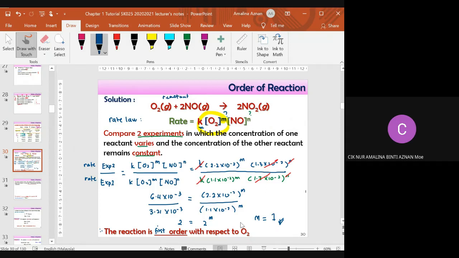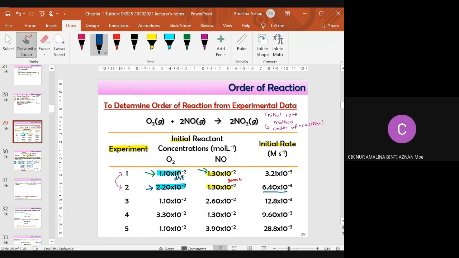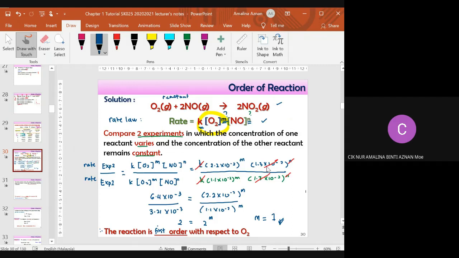So, let's recap. Kamu kena tulis equation and then tulis rate law and then solve for the unknown. Okay, unknown untuk cari order of reaction with respect to each species, each reactant. And then mesti compare dua set of experiment. Okay, tak kisahlah mana-mana yang kamu rasa senang, dengan syarat satu concentration kamu mesti samakan.